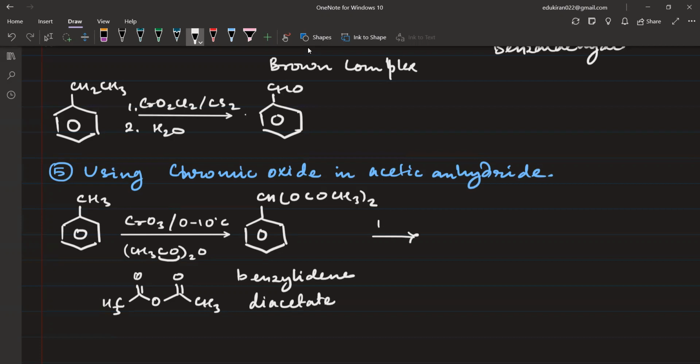Now, on further treatment with water in the presence of H+, it gives benzaldehyde, plus 2 moles of CH3COOH. So this acetic anhydride is converted to acetic acid. But this is my main product, that is benzaldehyde.